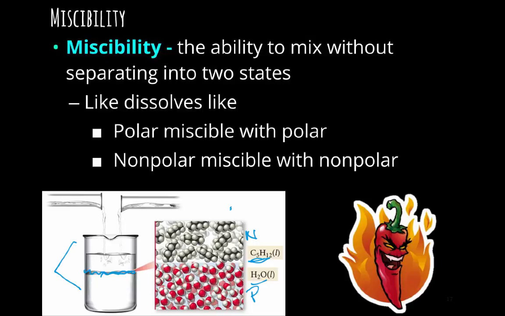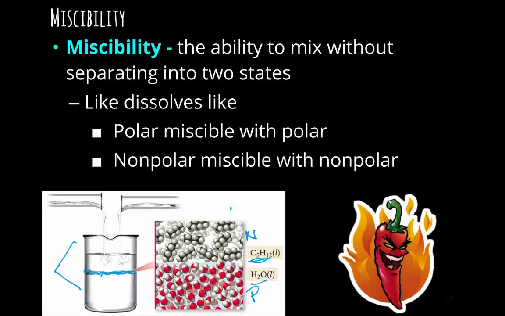Another good example of this is if you've ever eaten something that is really, really spicy or really, really hot, or has hot peppers in it. That hot pepper oil that causes that heat sensation is a nonpolar compound. So if you try to drink a lot of water to relieve that sensation, it's not going to happen, because water is polar and that oil is nonpolar.